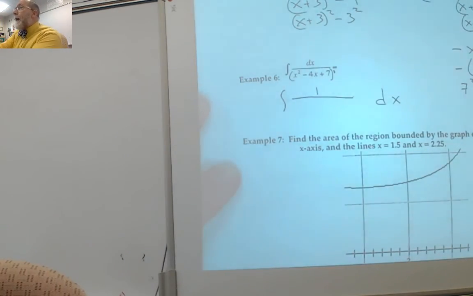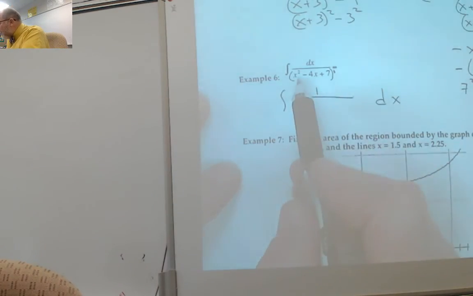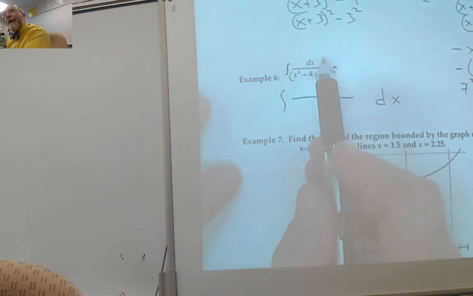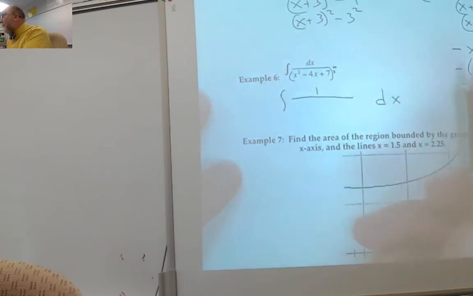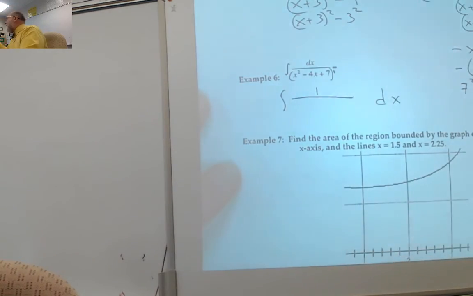Because I can't add negative 1 plus 1. That gives me 0. Because now I'm dividing by 0, correct? So I'm thinking natural log. Except I need 2x minus 4 up here. And I don't have it. So it's got to be an arc something.